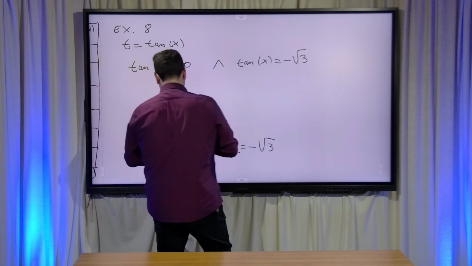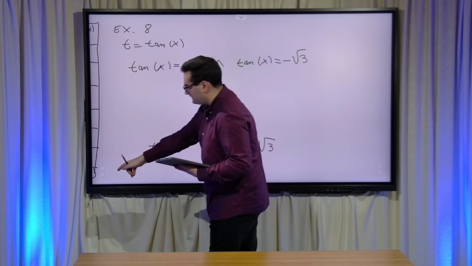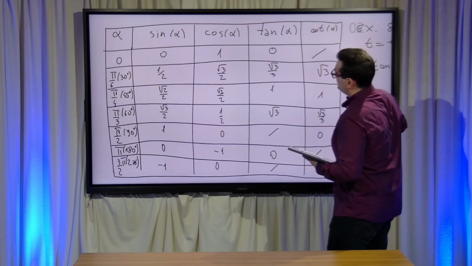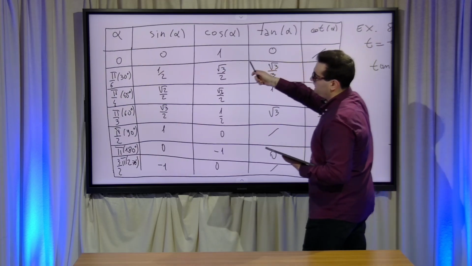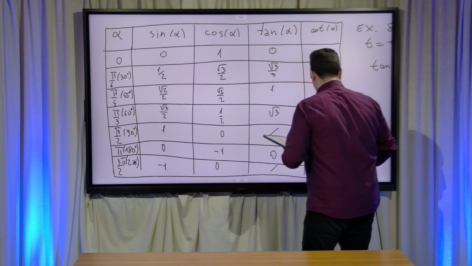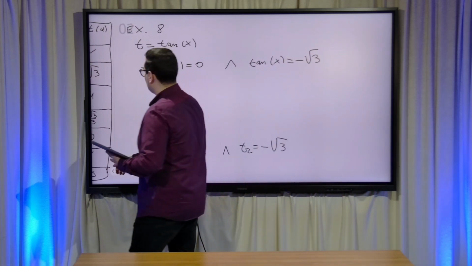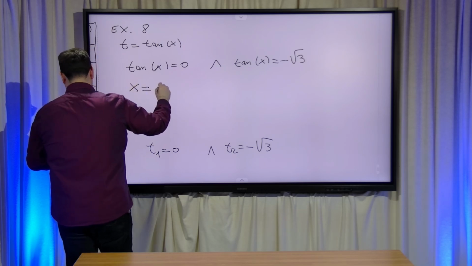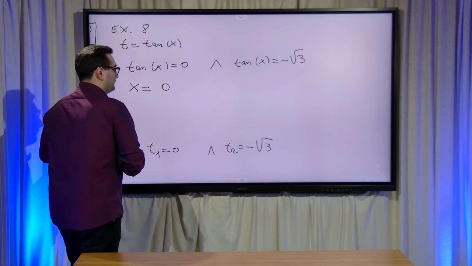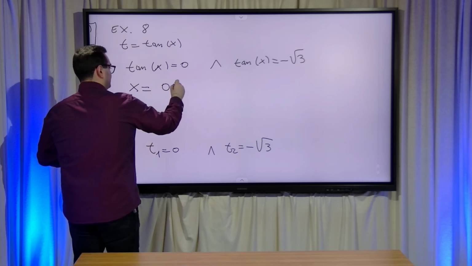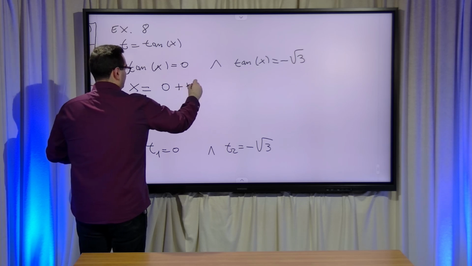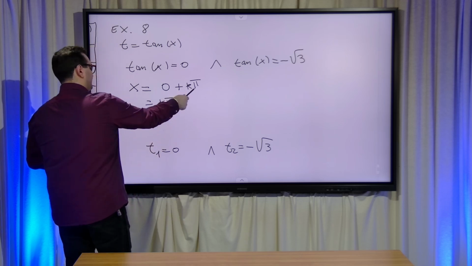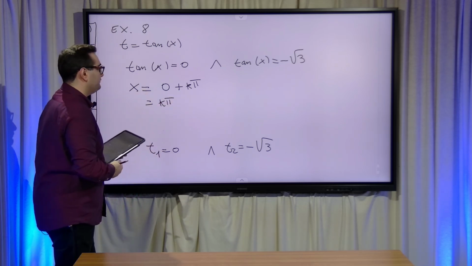Now from this one let's look up in the table: the tangent of alpha is equal to 0 when the angle is 0. So I can write x is equal to 0, and I have to consider also its multiplicity. So 0 plus k pi, and this is equal to simply k pi, because the tangent is periodic of period pi.